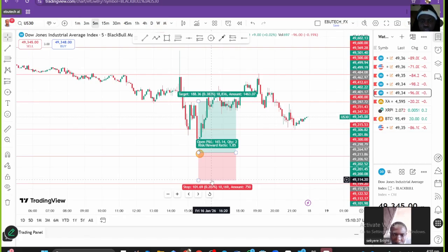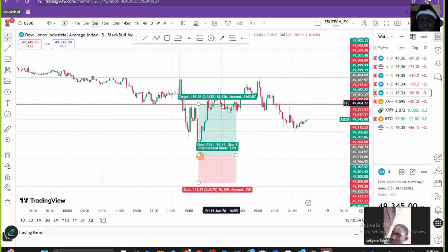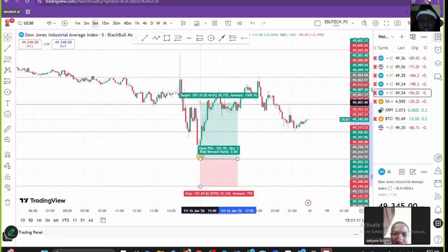Now, this is how much you are going to be losing when this trade doesn't go your direction. This is how many pips you are going to risk, depending on how much you put in. Then this is how much you are going to win if this trade goes your direction. This is the target, 188, but this should be approximately 200.